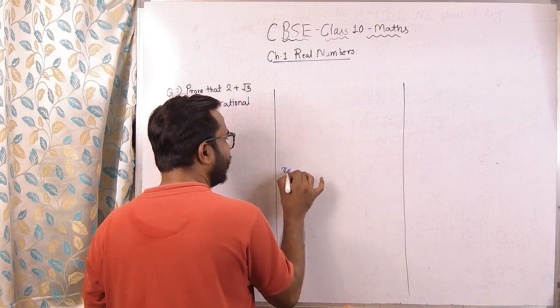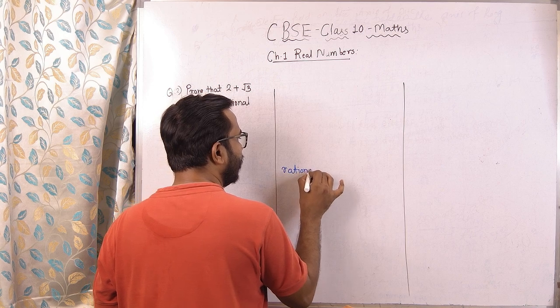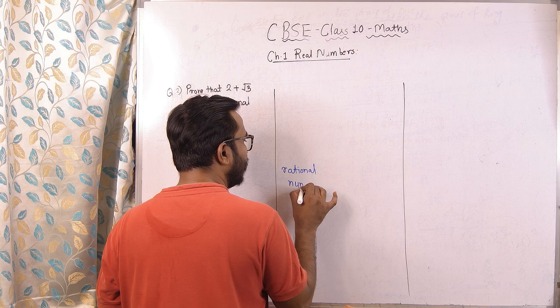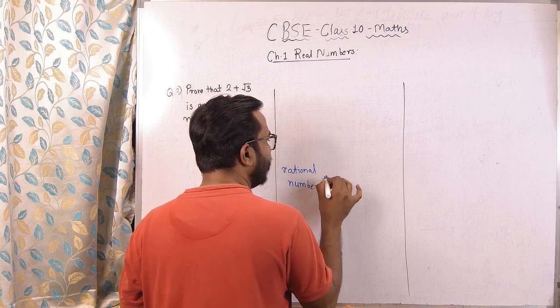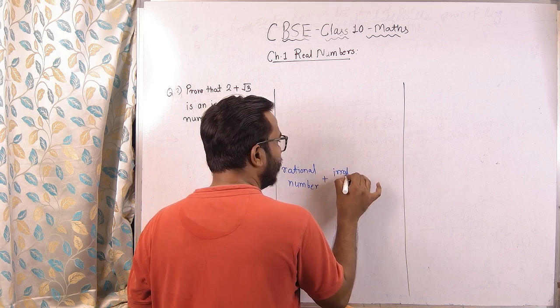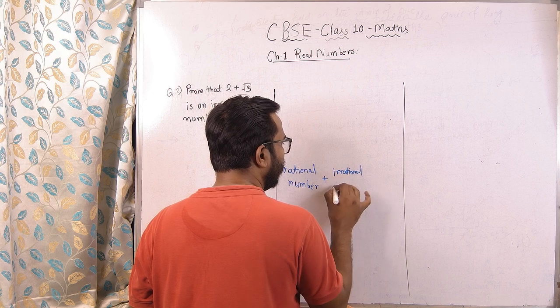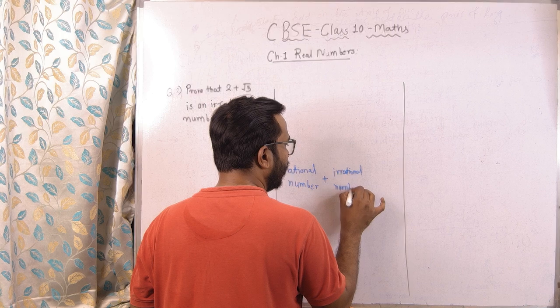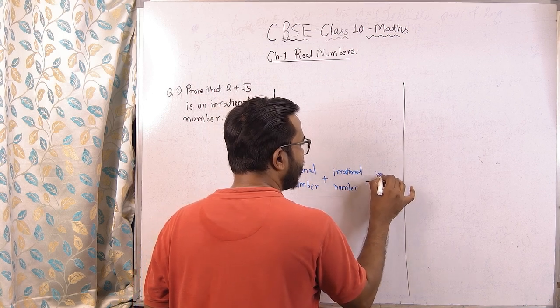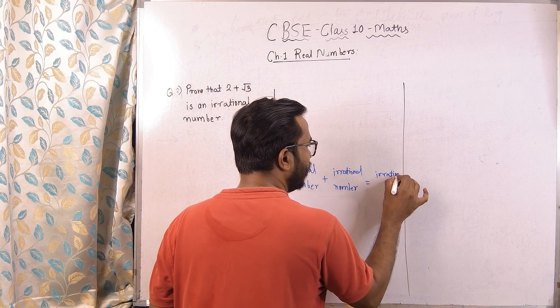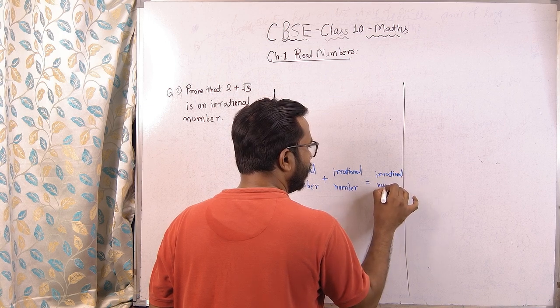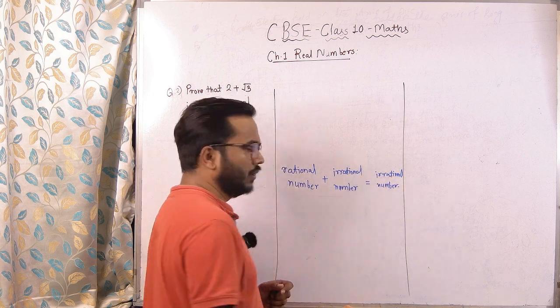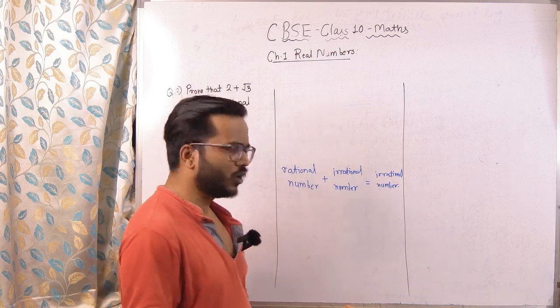If I add a rational number to an irrational number, you will get an irrational number. This is the one concept you need to understand.